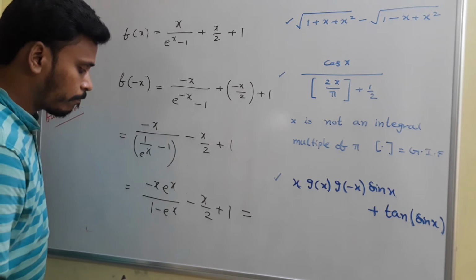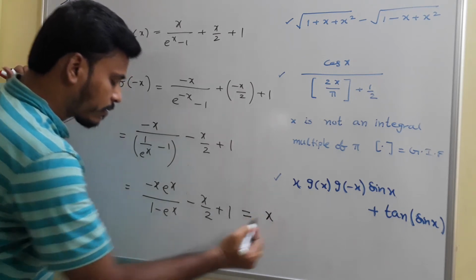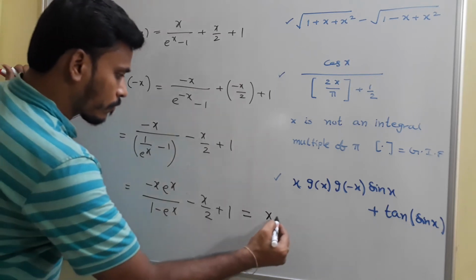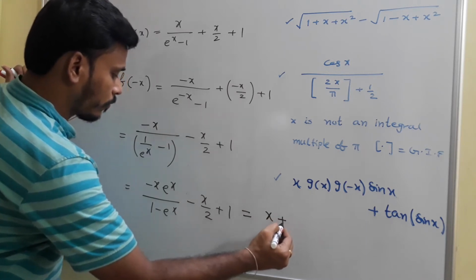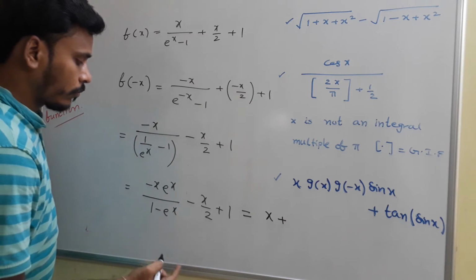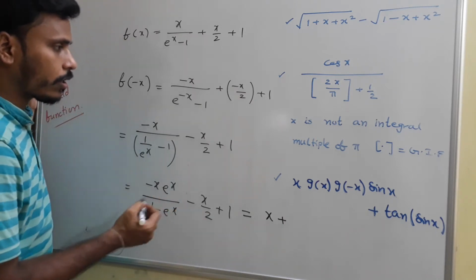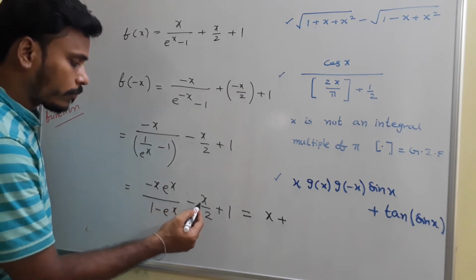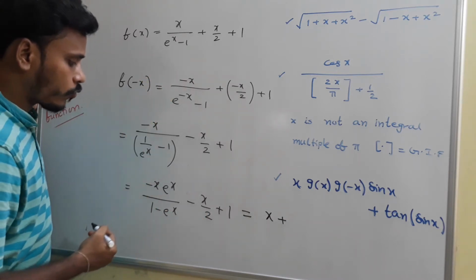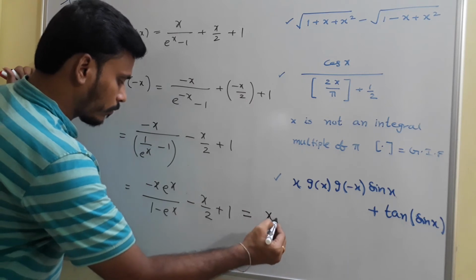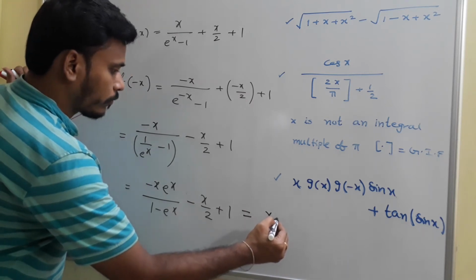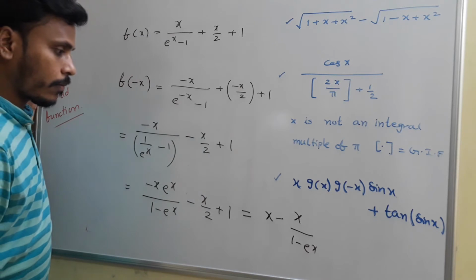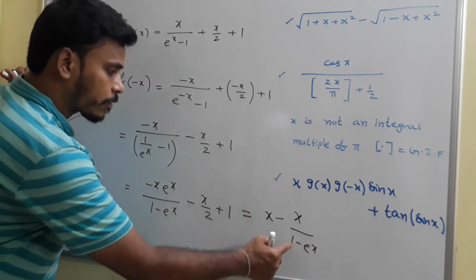This can be written as x by e power x minus 1, okay. x minus x by 1 minus e power x.